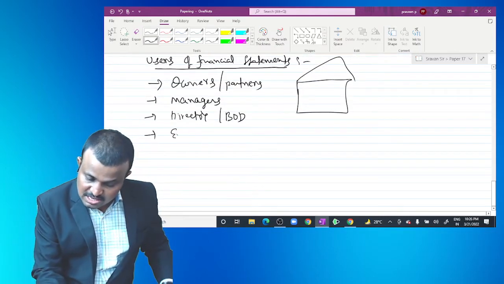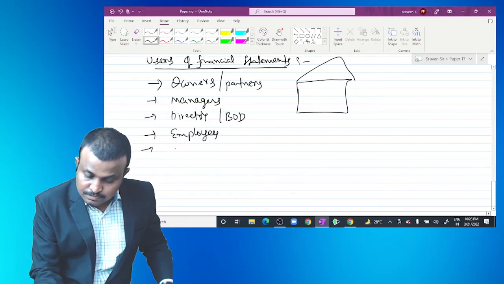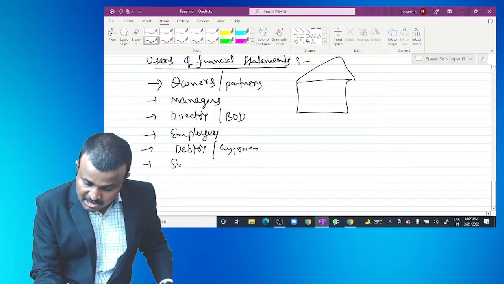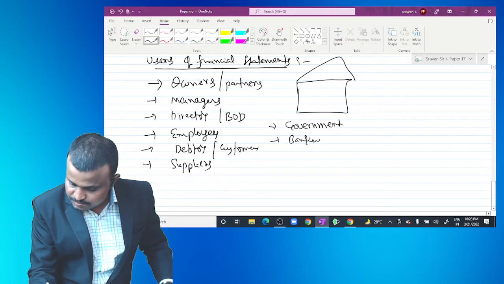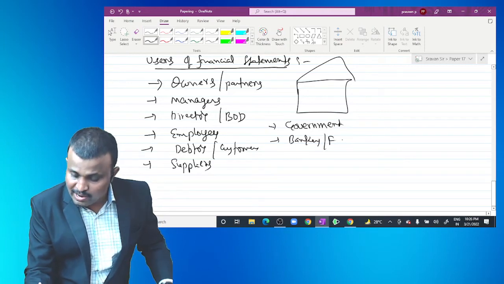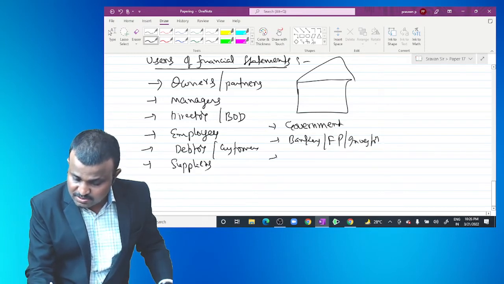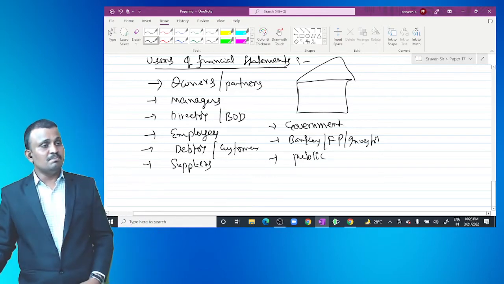Next, coming to the external users: employees, debtors or customers, and suppliers, and government, and bankers or finance providers or investors, and at large, the public.